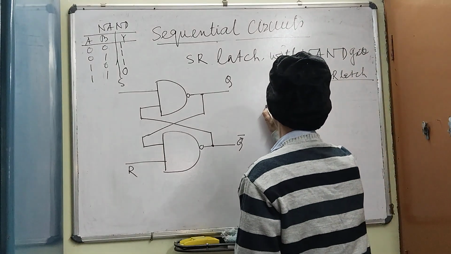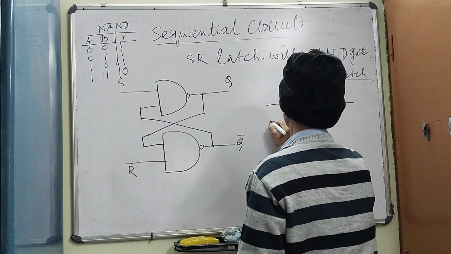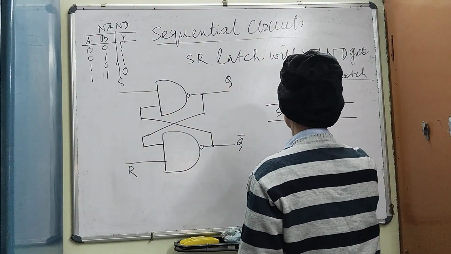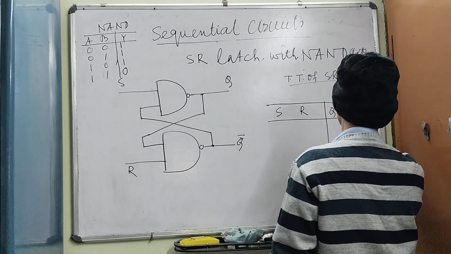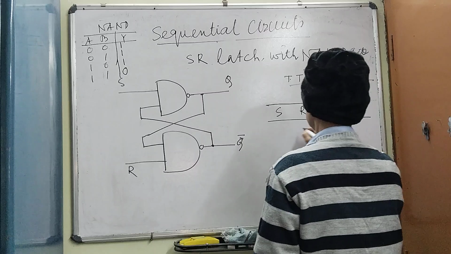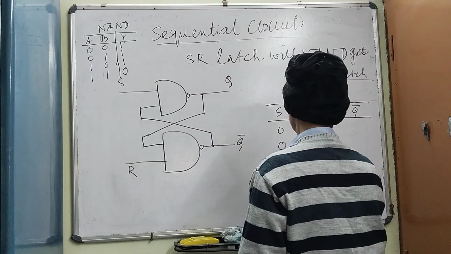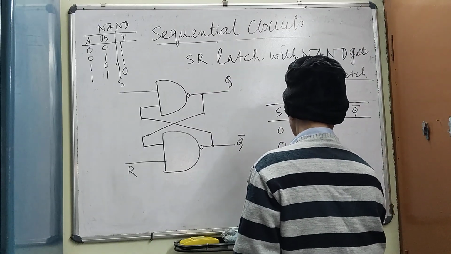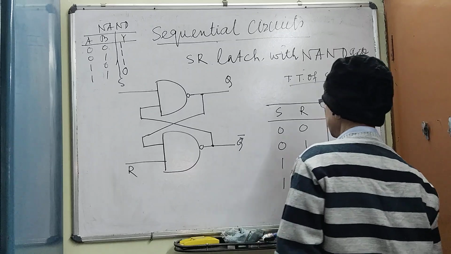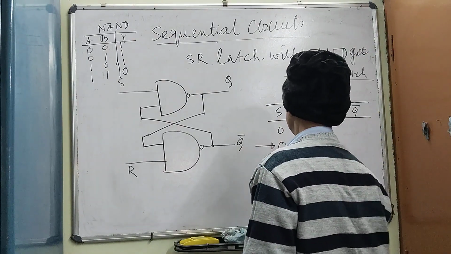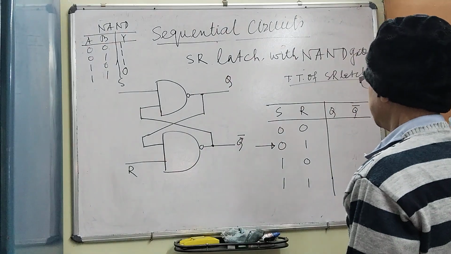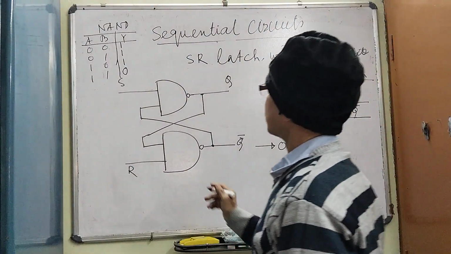Now we put here again S, R, and this is Q and Q bar. So 0 0, 0 1, 1 0, 1 1. Anyone is 0, first we take this: S equal to 0 and R equal to 1.